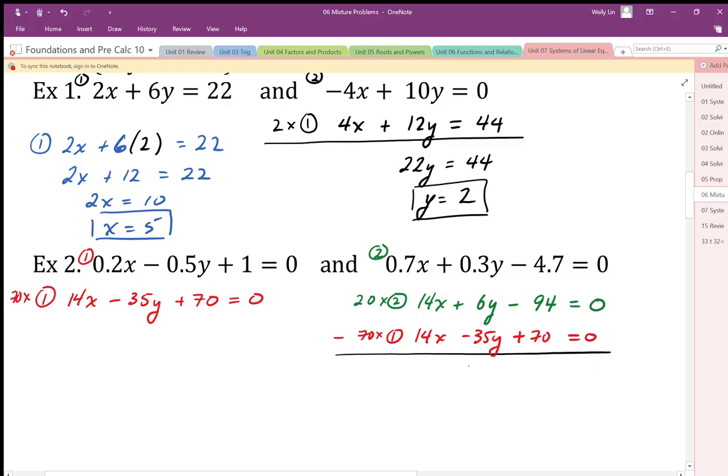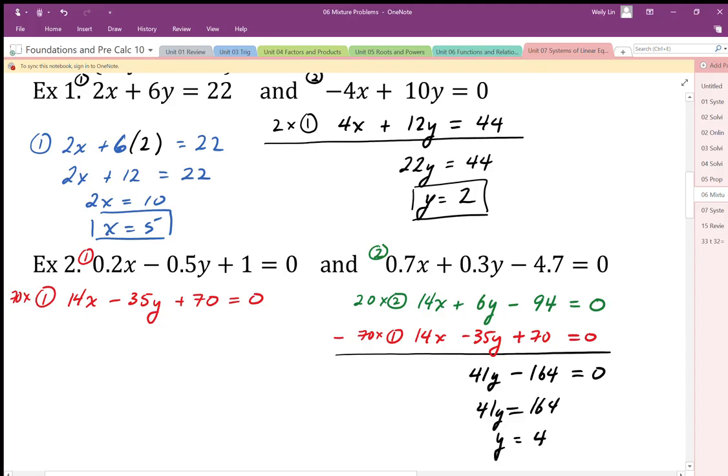I end up with 41y, and negative 94 minus 70 gives me negative 164 equals 0. Solving for y, 164 divided by 41 gives me y equals 4.